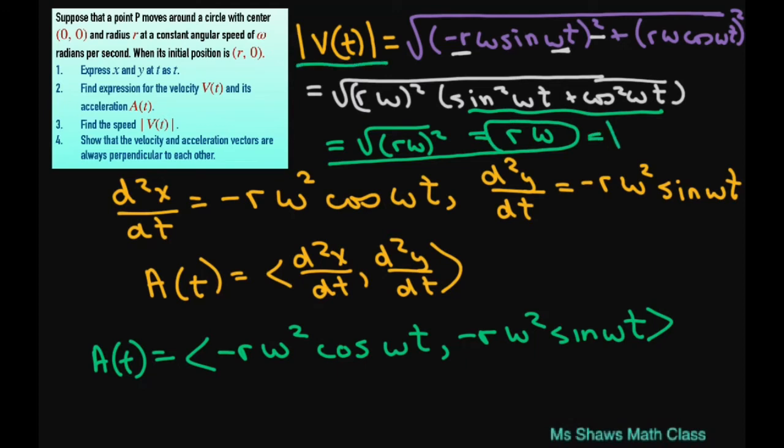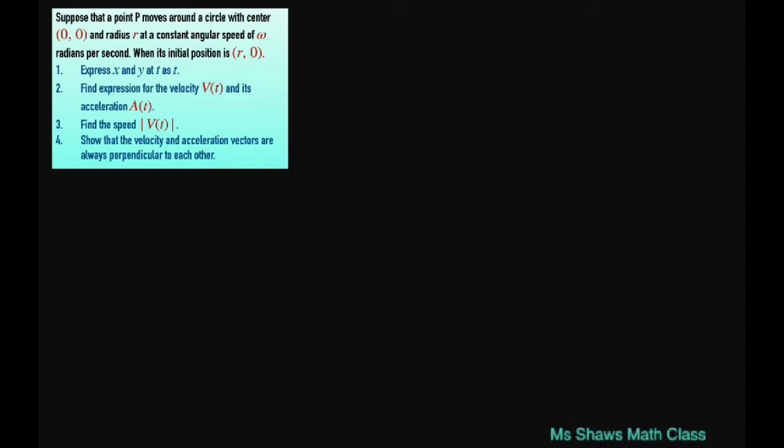All right, and the last step is we have to show that our velocity and acceleration vectors are always perpendicular to each other. So for that, we're just going to use the dot product. That means we're going to take our velocity of t dot acceleration of t for our vectors.